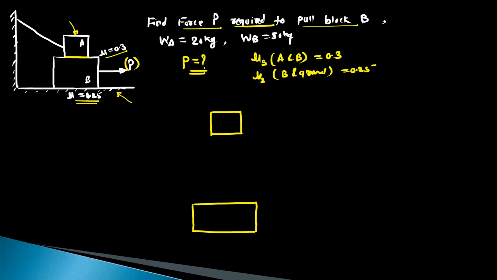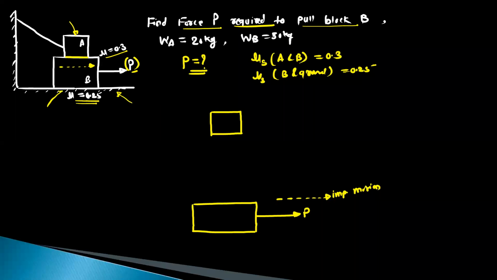As we want to pull the block B by applying the force P, the impending motion for this block B is towards the right side, or along the positive X direction. So we can show the impending motion for this block. This is the impending motion. This is the external force P.